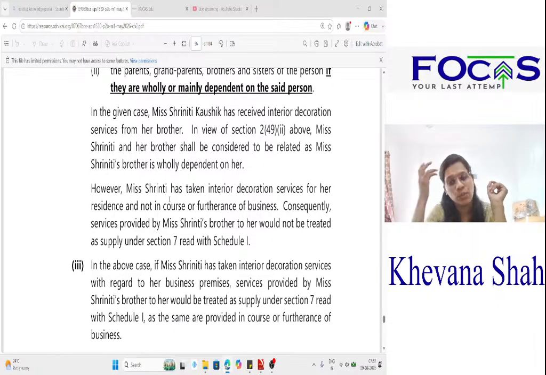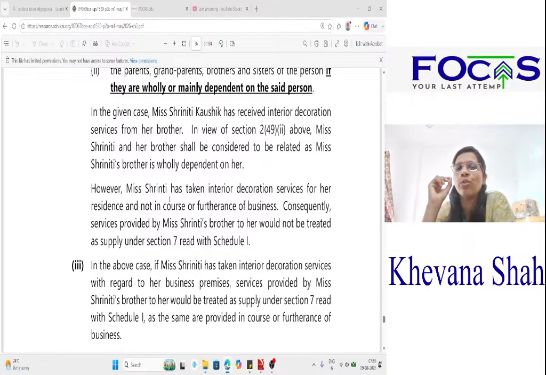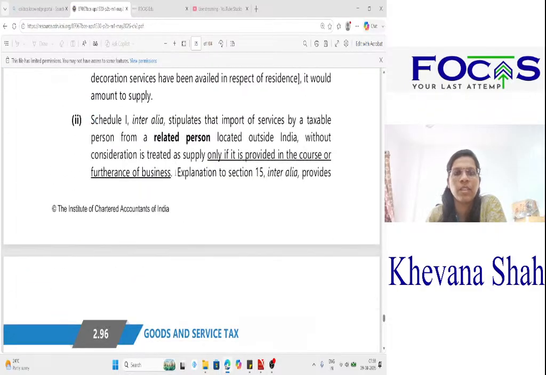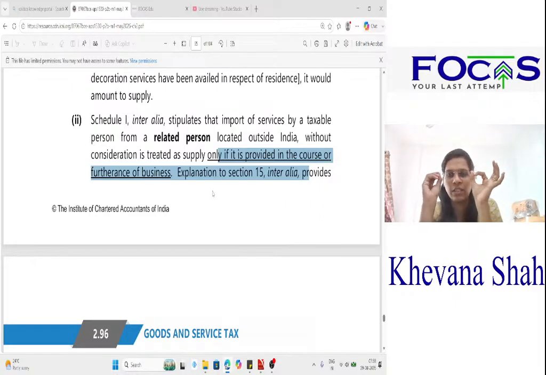in that case also it would be supply, but the important thing to note is this is for her residence and not in the course or furtherance of business. So that is the case, this will not be treated as supply. See, schedule 1 inter alia stipulates that import of services by a taxable person from a related person located outside India without consideration is treated as supply only if it is provided in the course or furtherance of business.